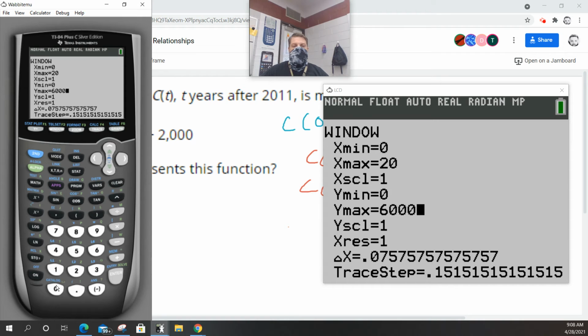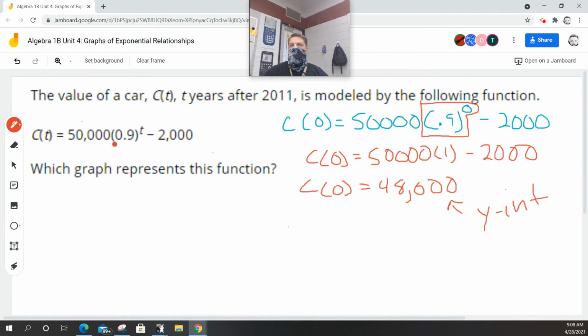Now there's two reasons that I set up the graph this way. One, I know it crosses the y-axis at 48,000, so I wanted to go a little bit above that. Well, how did I choose my x value? My base is 0.9.